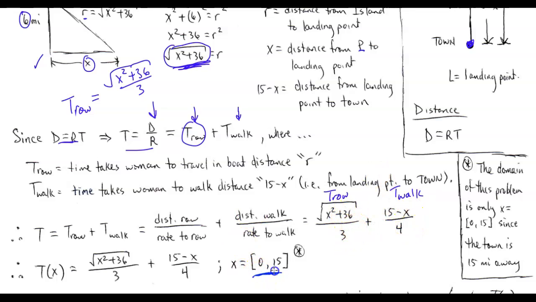And notice here that I have this time equation in terms of how far she is from point P. And this problem only makes sense from 0 to 15, meaning that the most that she could walk would be 15 miles, okay? Now, the fact that our domain for this problem is in a closed interval here sets us up for using what's called the closed interval method.